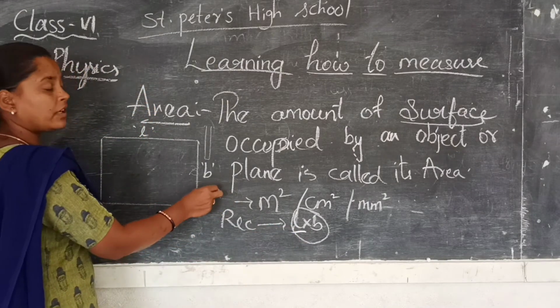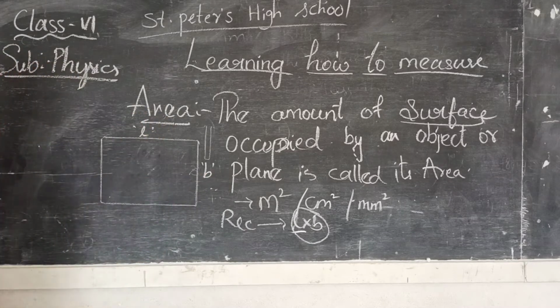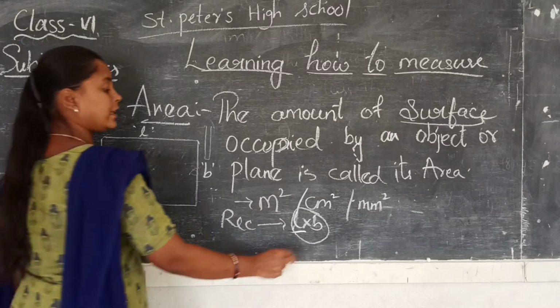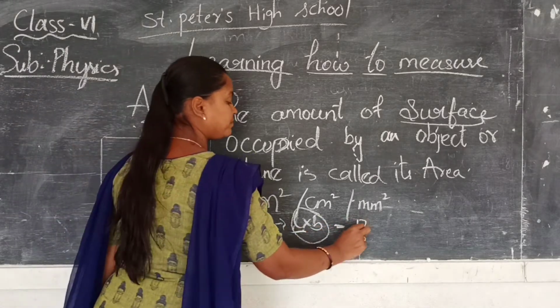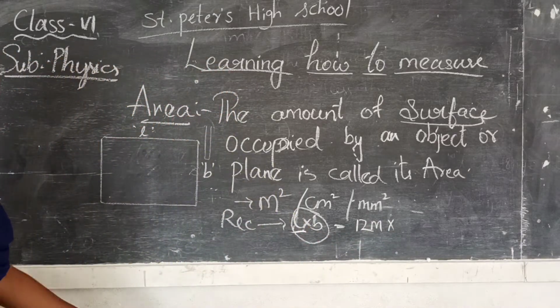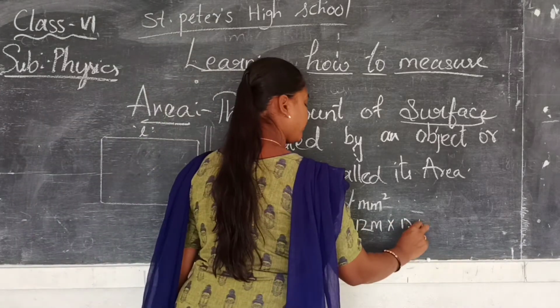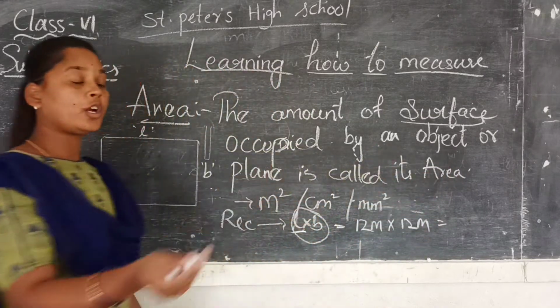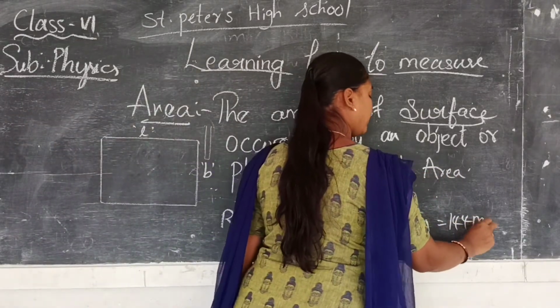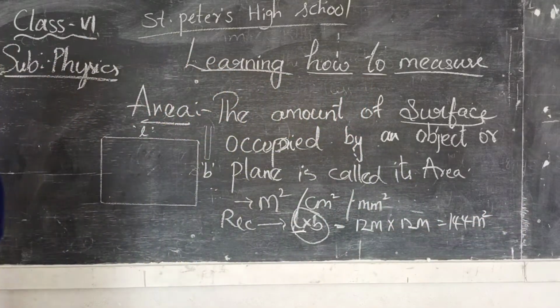If breadth is in meters, we have to take length also in meters only. We have to find the area by taking the same units. That means if length is 12 meters and breadth is also 12 meters, then what will be the area of this rectangle? It will be 144 meters square.